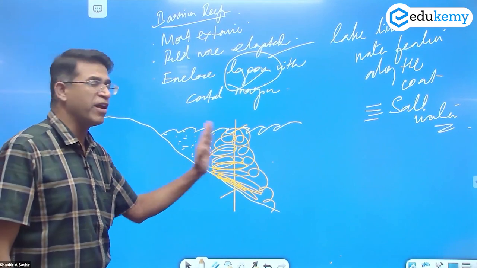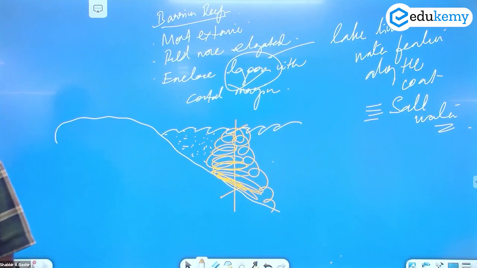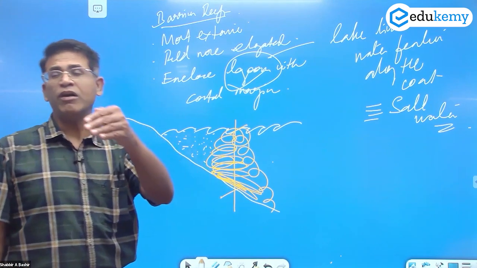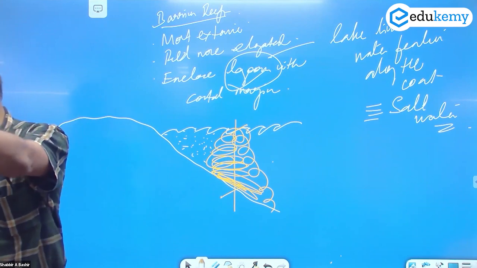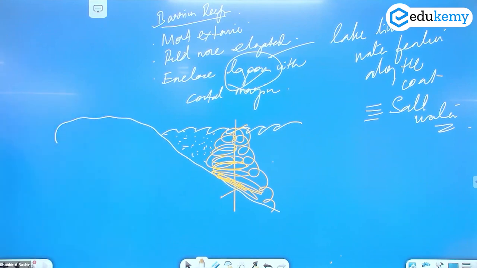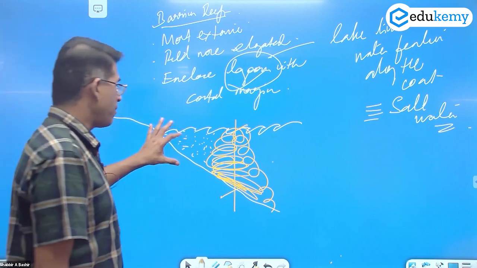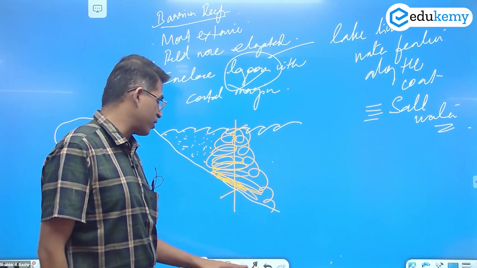The barrier reef encloses a lagoon with the coastal margins. So the barrier reefs are found further away from the coast. जो fringing होते हैं, they're right along the coast. The barriers are found further away from the coast.